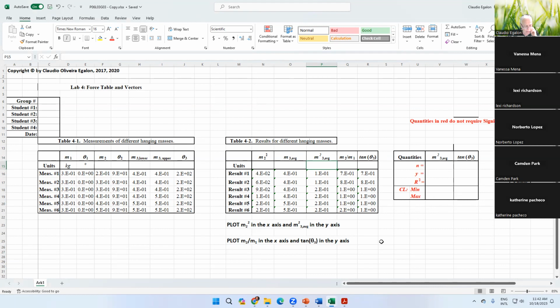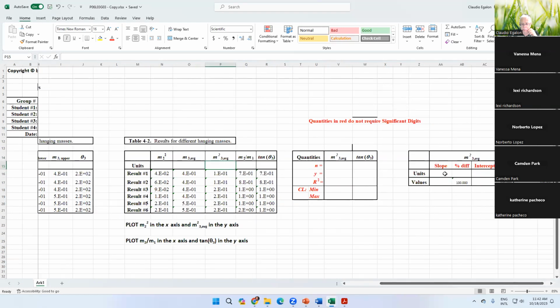Kilogram square divided by kilogram square. Isn't it one? Yeah, it's one. And that's what you write here, the units for the slope. So it's one? Oh, okay.